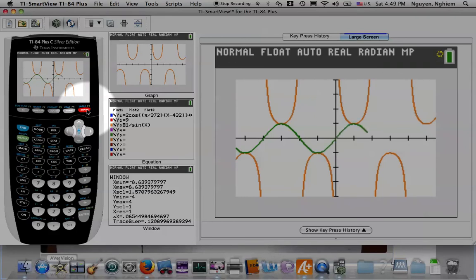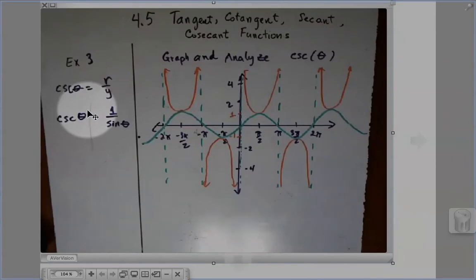And you can see the way that the sine function is drawn. Once you can take a look at the sine function, I sketched it on here as well.